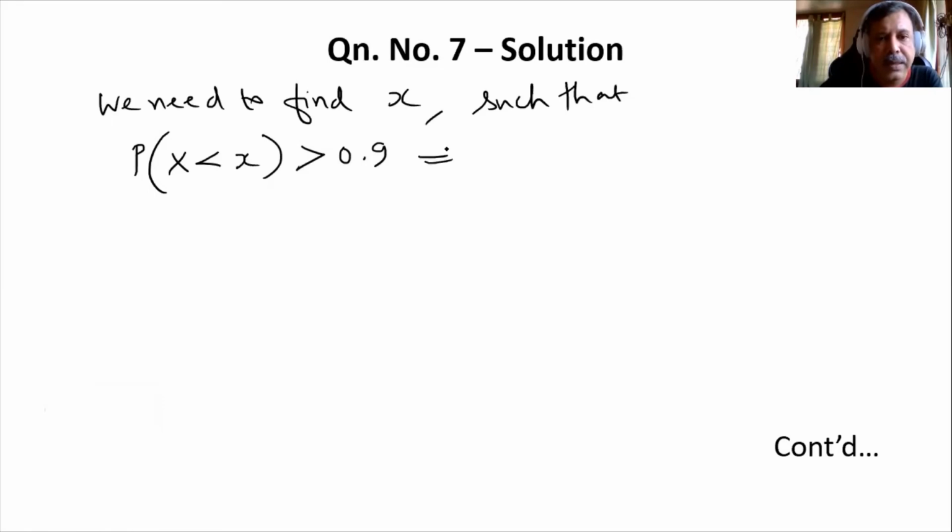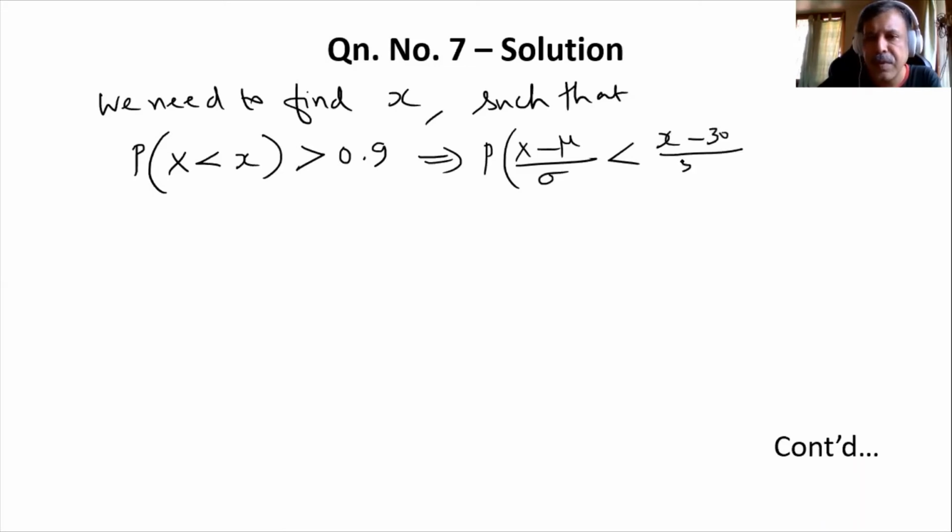Now let us bring the conversion, which is subtracting both sides by mu, dividing both sides by sigma. Mu is 30 and the standard deviation is 5.34. This should exceed 0.9.